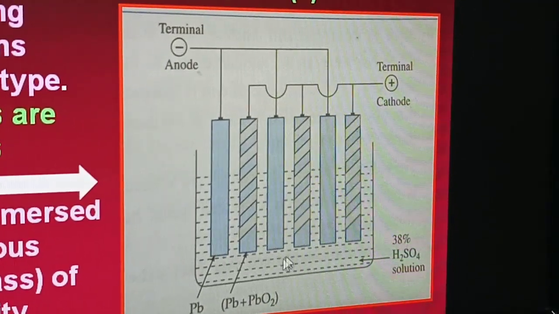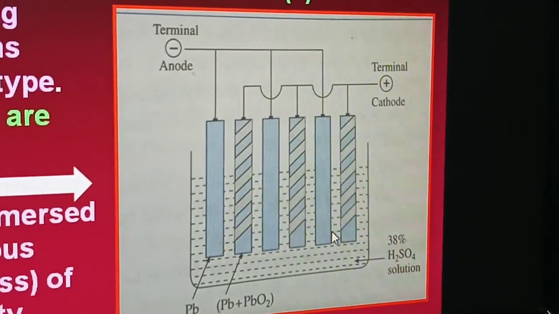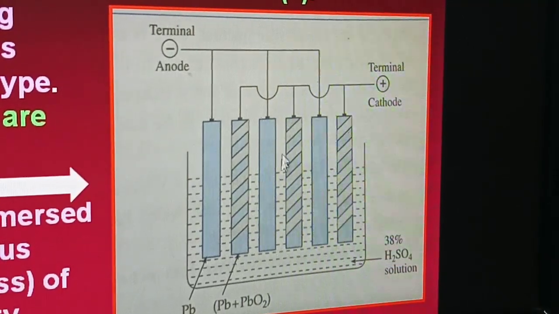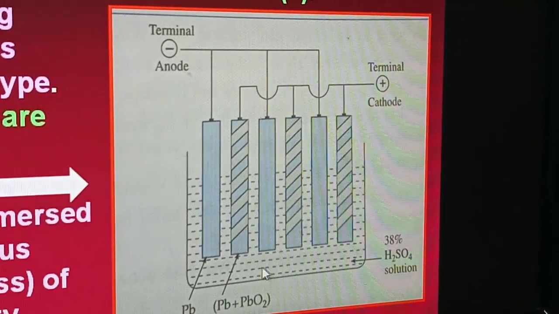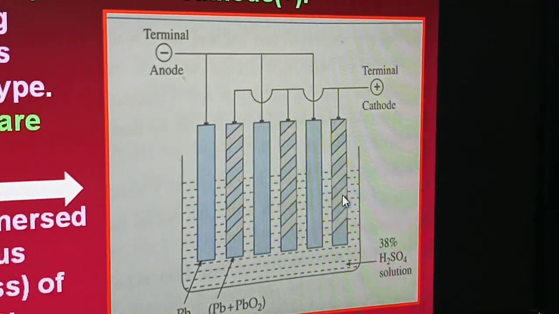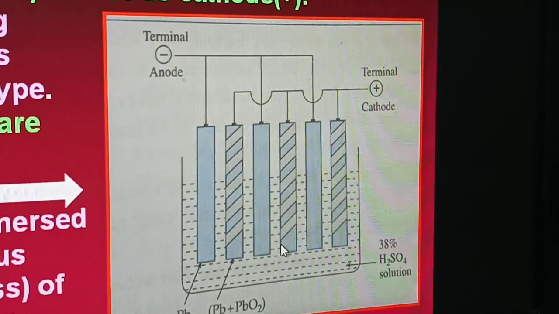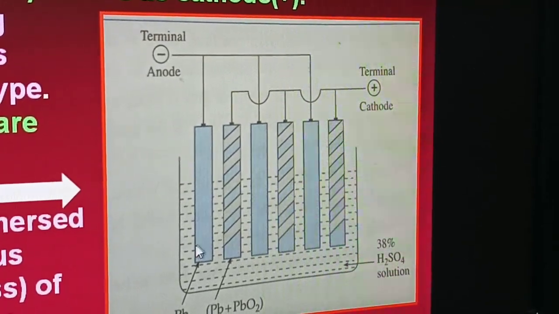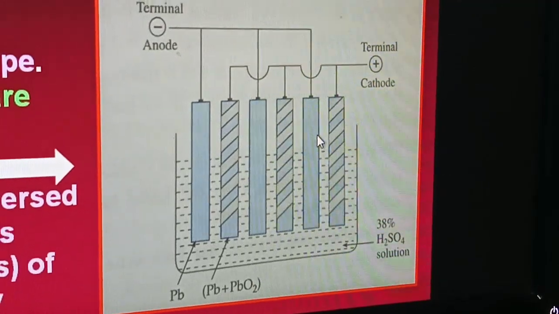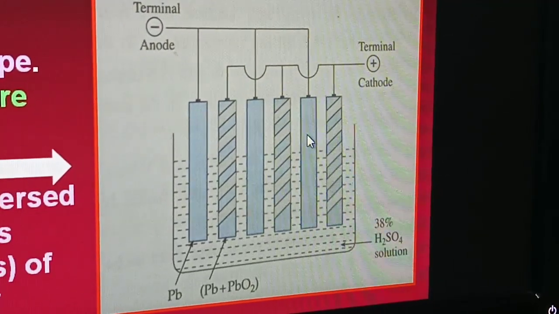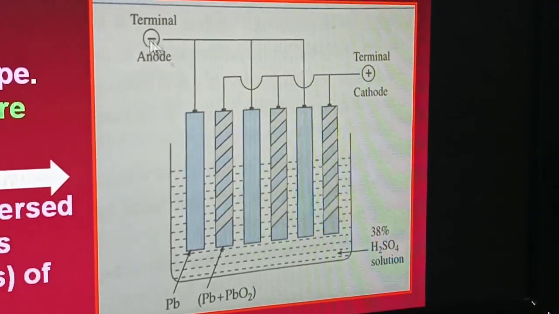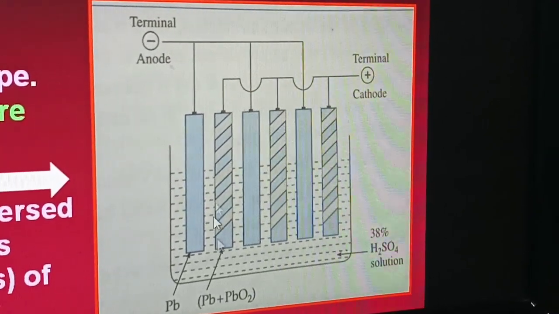A group of lead plates are connected alternately to another series of lead plates which are coated with lead dioxide. Those shown here are only lead electrodes. They are connected in series to the negative terminal, so they will serve as anode.